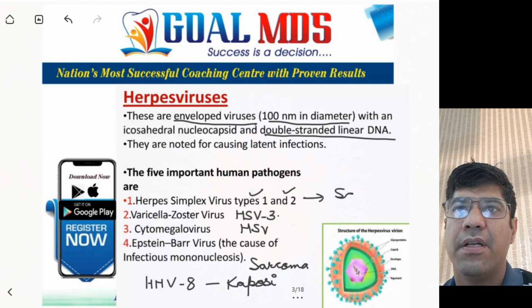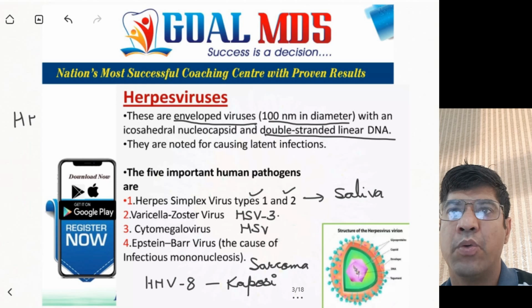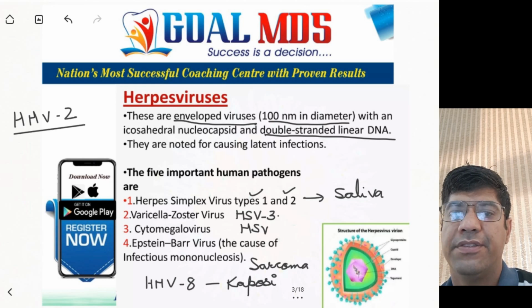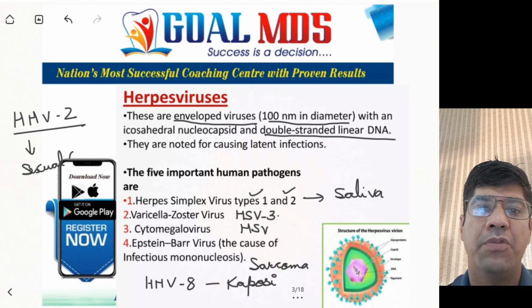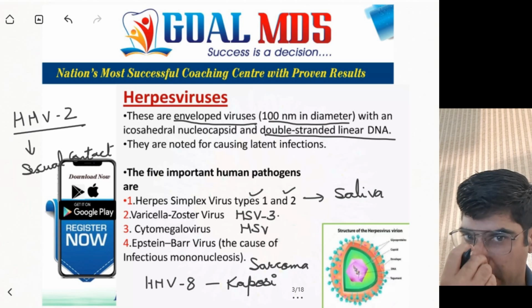Human herpes virus type 2 is transmitted through sexual contact, through the genital area. It can also be transmitted from mother to newborn during childbirth.